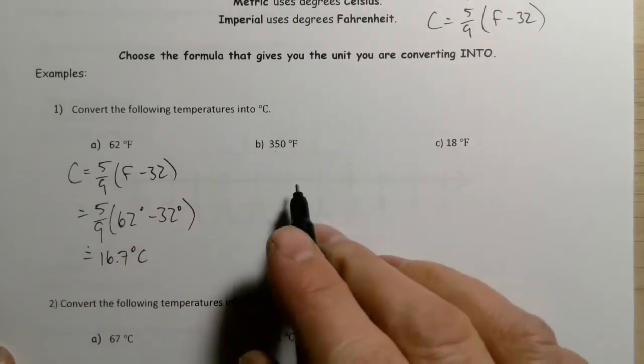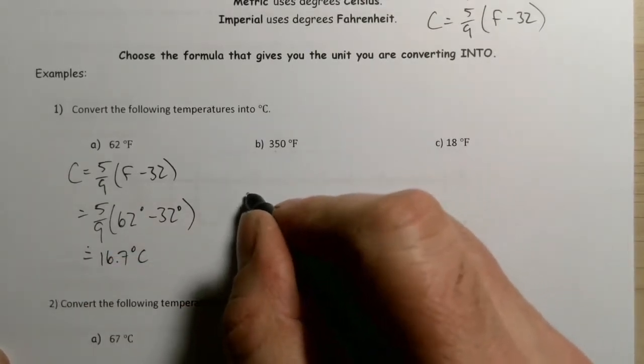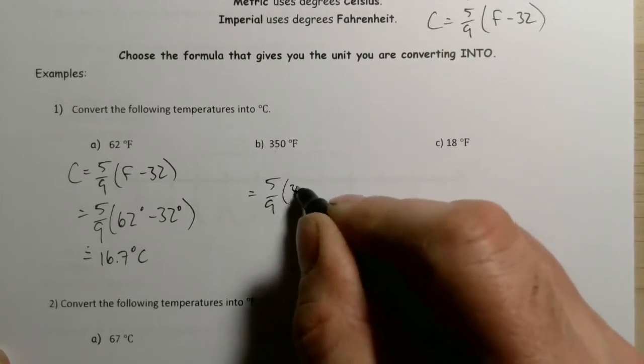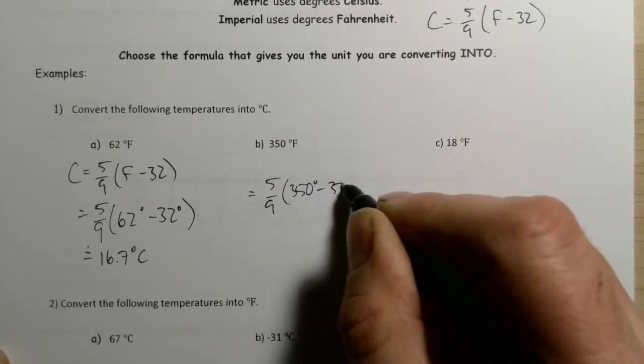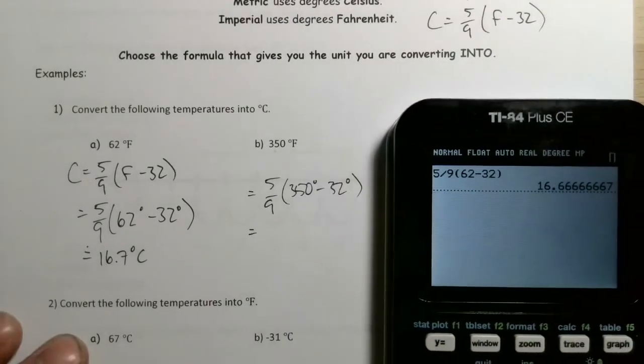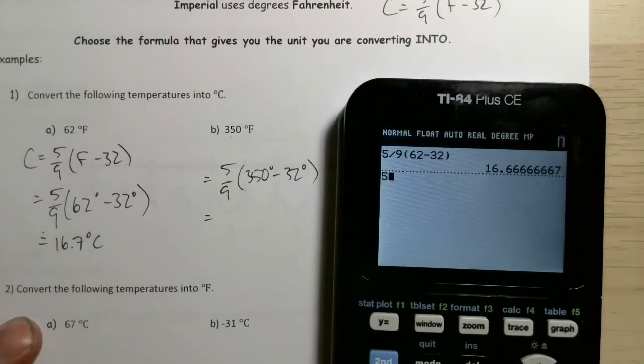Here, same formula. This is going to be 5/9 of 350 degrees minus 32 degrees. Then we go back to the calculator: 5 divided by 9, and then 350 minus 32.